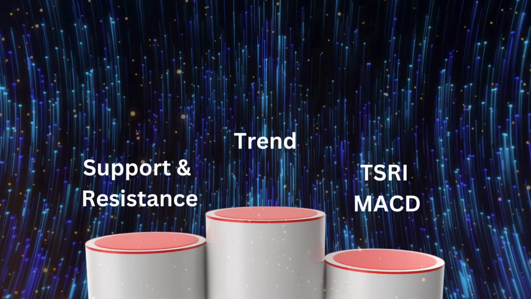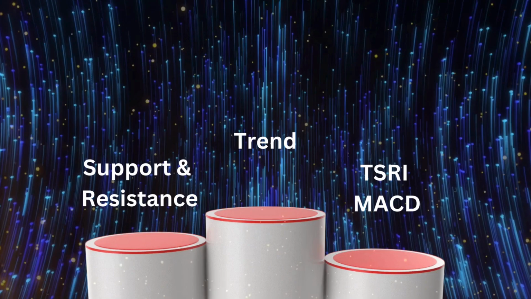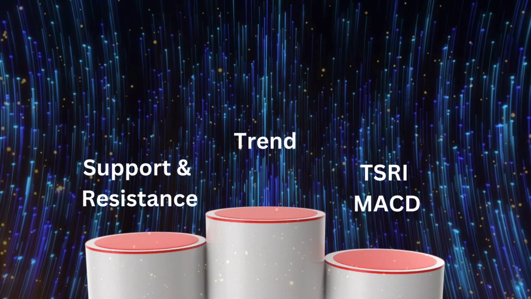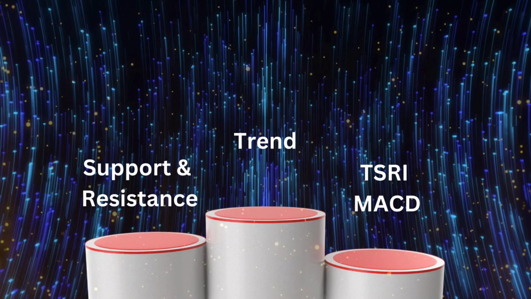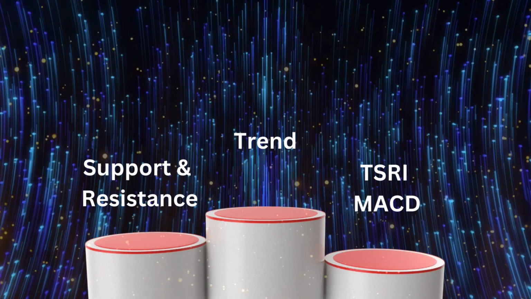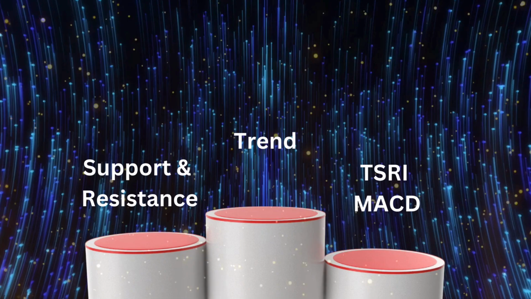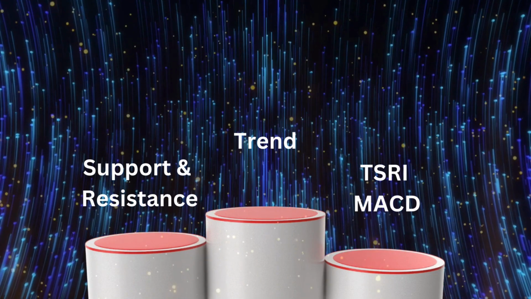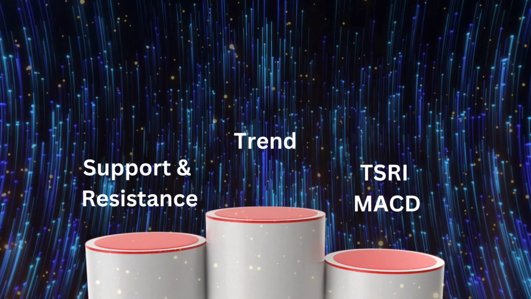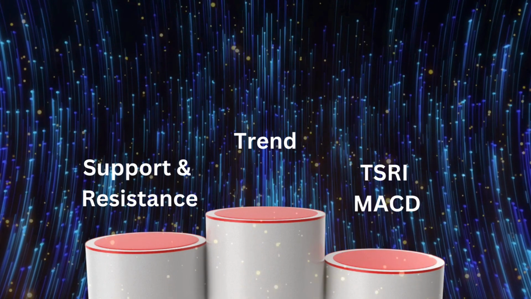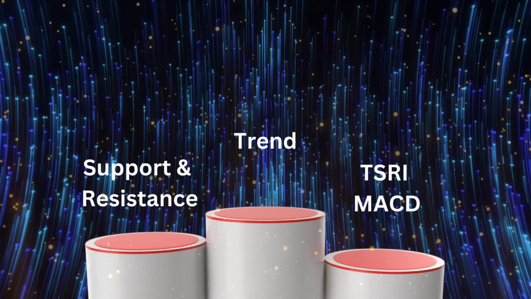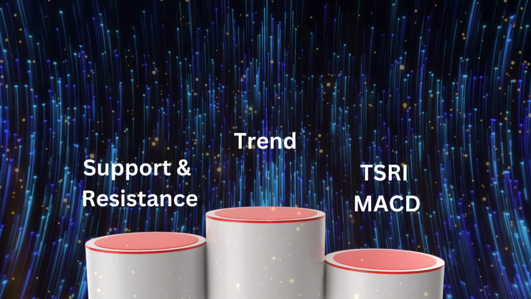So that is why for this strategy, we will be using the TSRI MACD. And to increase the probability of a winning trade, we're not going to buy or sell just because the MACD crosses. Instead, we're using it together with the trend and key levels like the support and resistance.